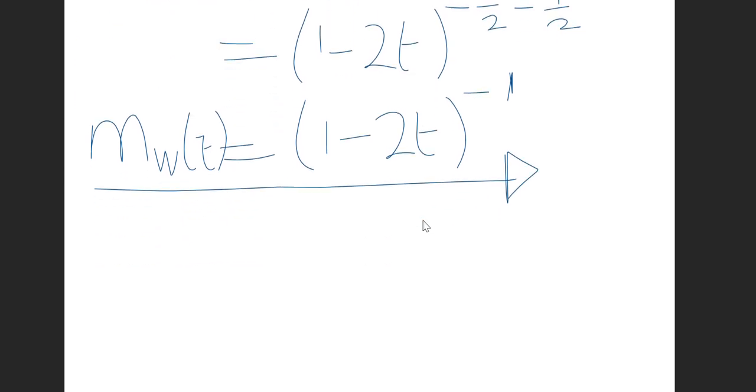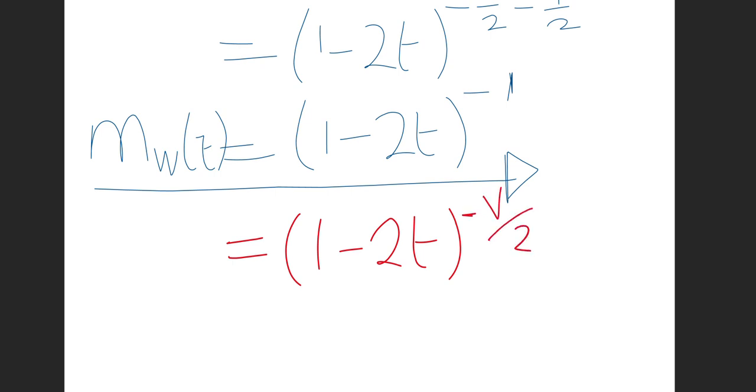recall that the moment generating function of a chi-square distribution is like this, where V is the degrees of freedom.